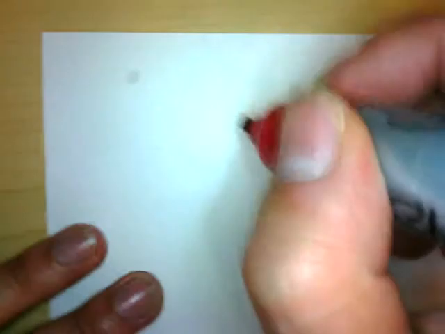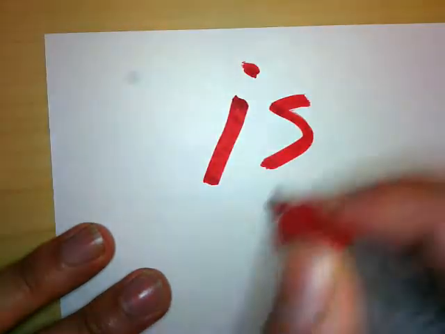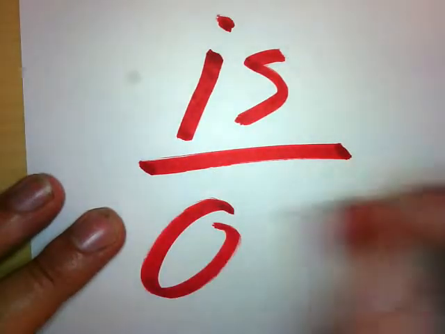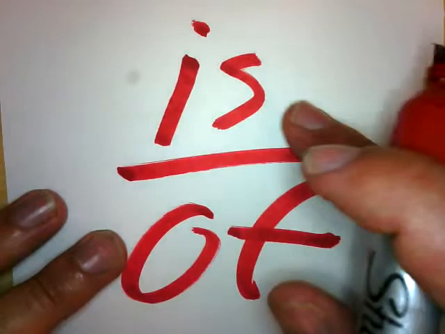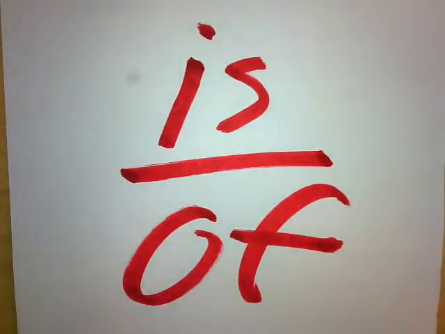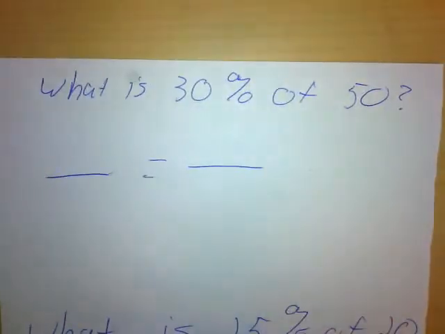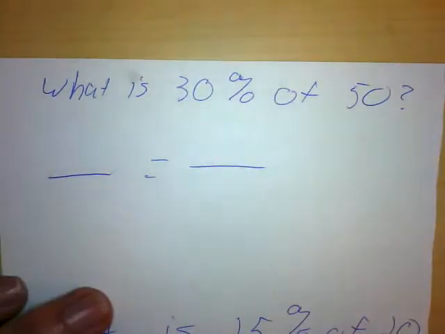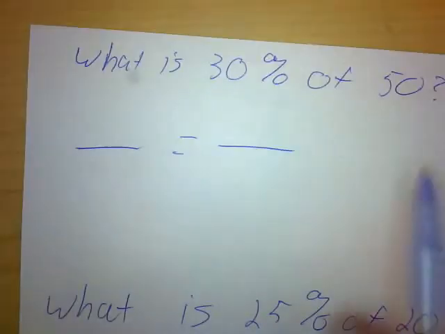Okay, the next part I'm going to talk about is percentages. Primarily, remember this part: is over of. So in our problem, we see right here, what is 30% of 50?